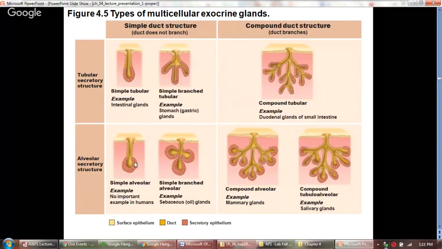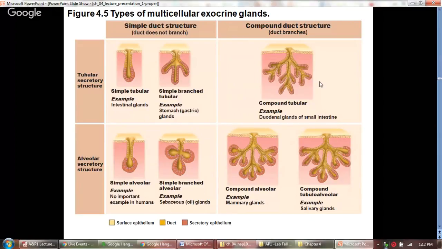Here it's a branched alveolar. You would see the shape of the sebaceous glands would be this type, because it's simple: the duct portion has not been divided, but the glandular part is branched, and the shape of the glandular portion is much more alveolar.